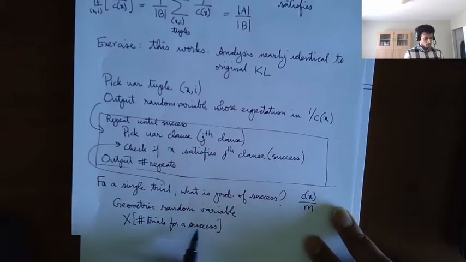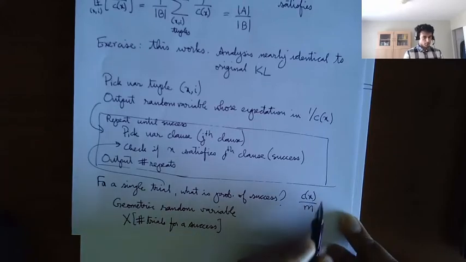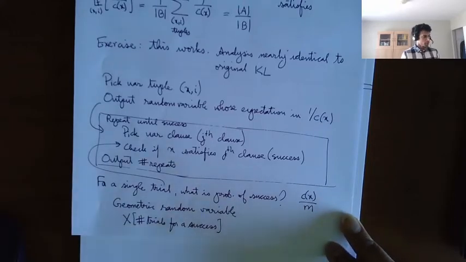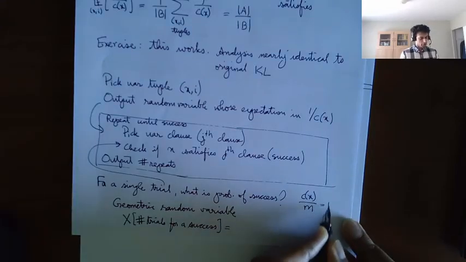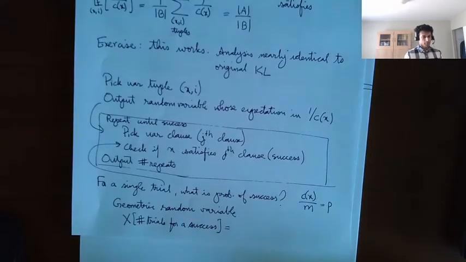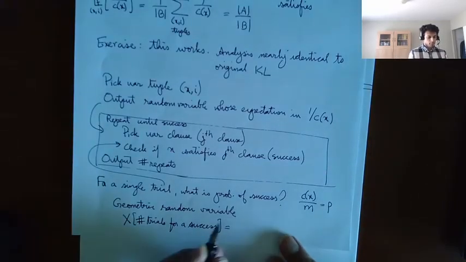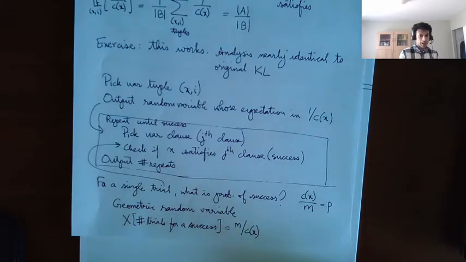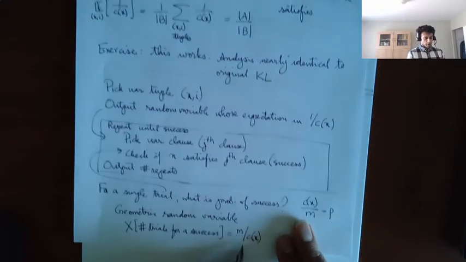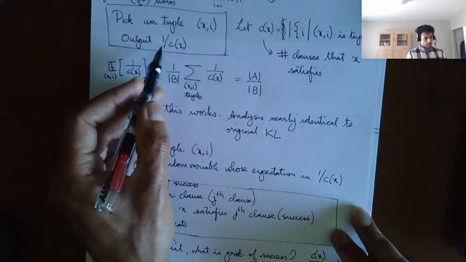This is a geometric random variable. That's the parameter. And what is the expectation of a geometric random variable with this being p? It's the reciprocal. So it's m divided by c of x, and that's exactly what I'm looking for over there.